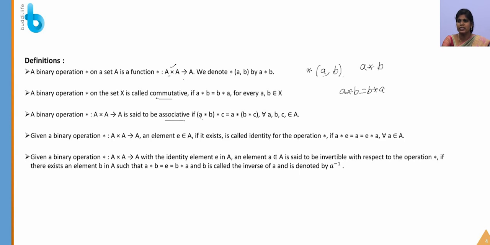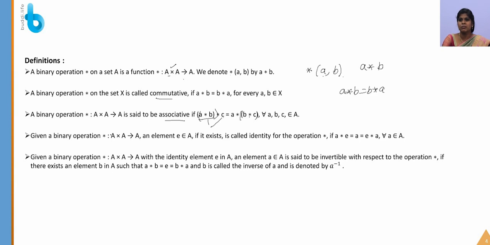That is, if you use the operation on a and b first, and then with that result use the operation with another element, both values will be the same. If you change the position of the brackets also, it will be the same. So whatever order you follow, the result will be the same. Then we can say that the operation is associative.